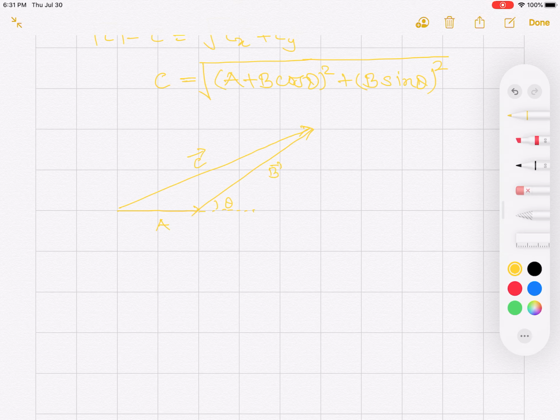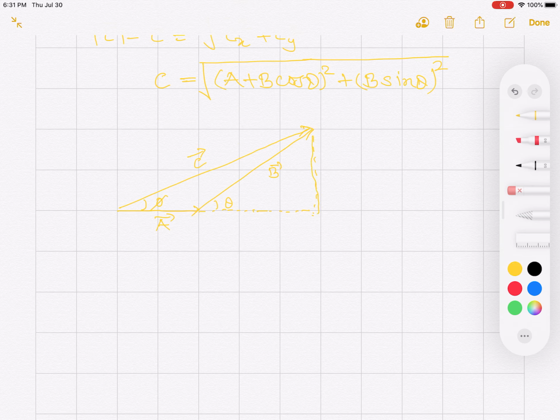This is b, this is a. But now we need to find out the angle. So I'm going to find this angle. Suppose this angle is phi. Now you can see from my geometry, this side and this side.